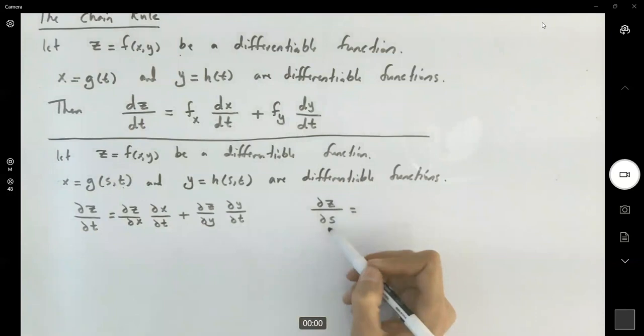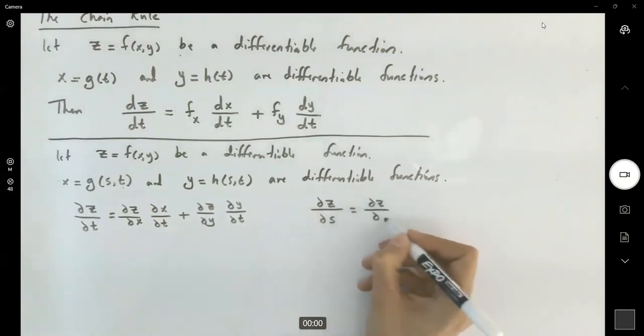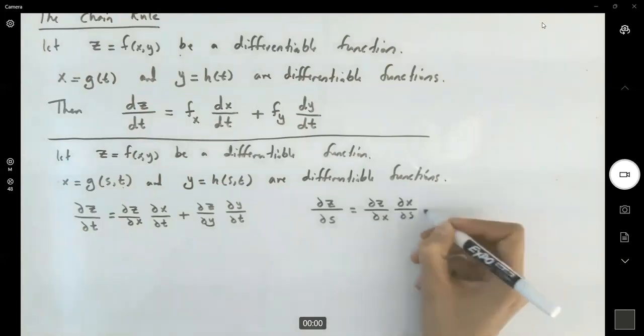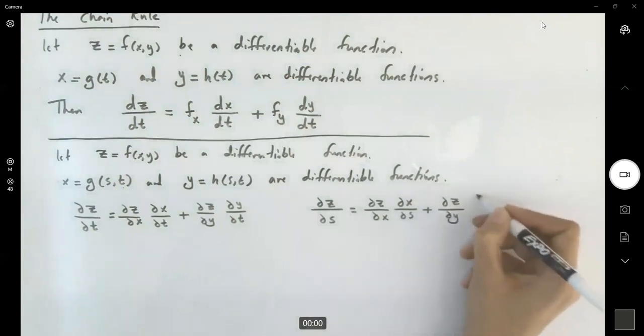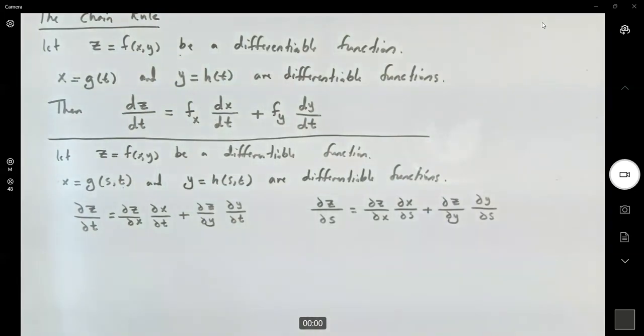Partial derivative of z with respect to s is going to be partial derivative of z with respect to x times partial derivative of x with respect to s plus partial derivative of z with respect to y times partial derivative of y with respect to s. This is your second part of the chain.